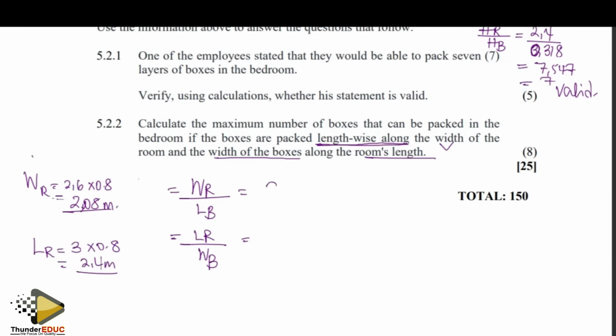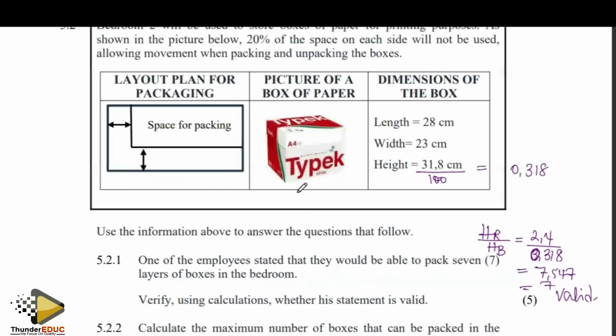So here it's going to become 2.08 divided by, remember you divide by the length of the box, and the length of the box, turn it into meters, is 0.28, divided by 100 also.